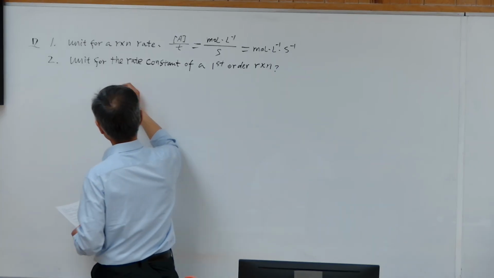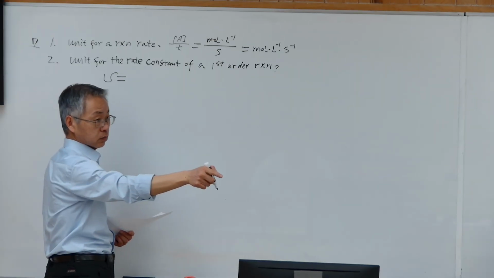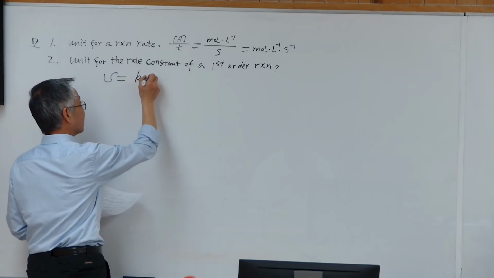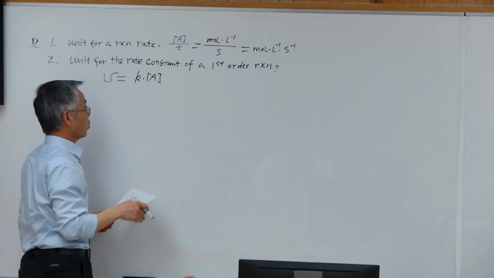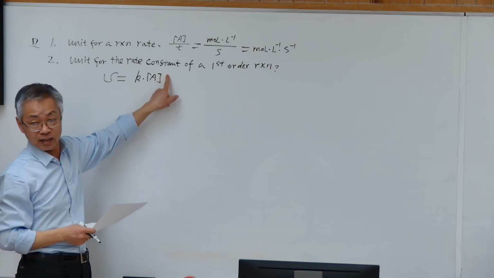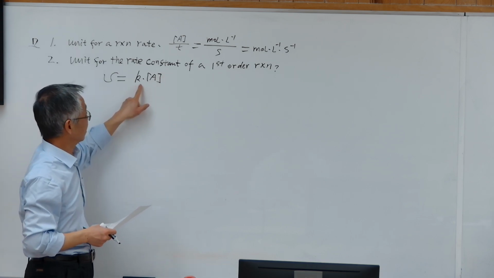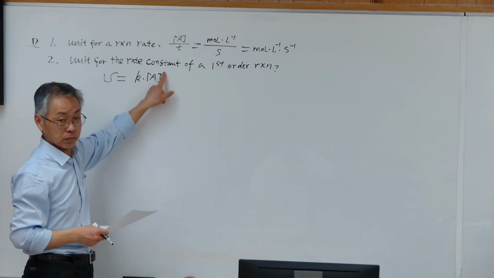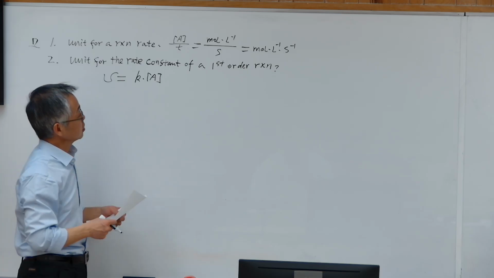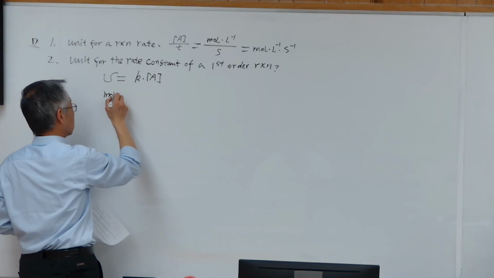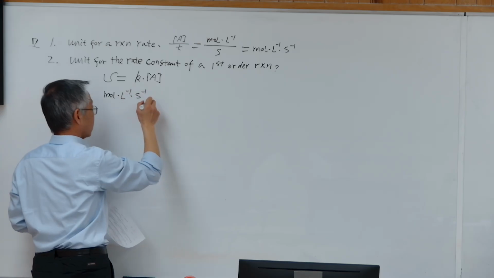The rate law for a first order reaction equals K times reactant A's concentration raised to the first power, right? K is the rate constant. A in brackets means concentration raised to the first power. Since the rate unit is mole per liter per second, right?